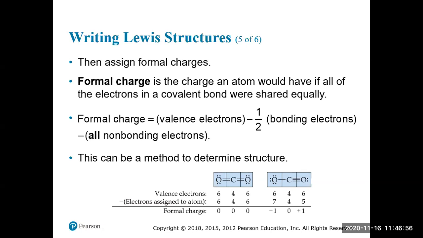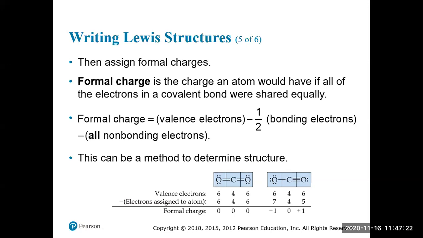So if we look at this carefully and check our octet rule, we see that everything is okay in each of these. So then it becomes, which one is the correct way to draw it? Is it the C with the double bonded oxygen, double bonded oxygen? Or is it the carbon with a single bonded oxygen and a triple bonded oxygen?